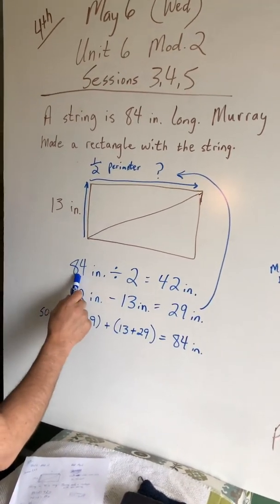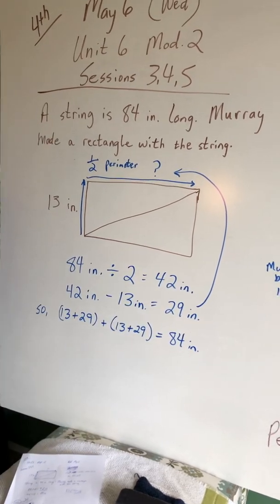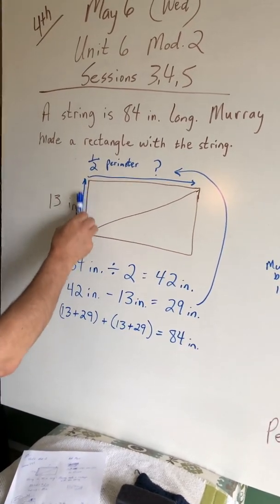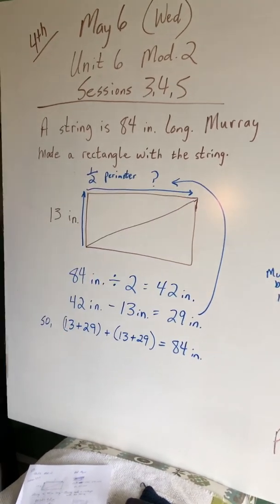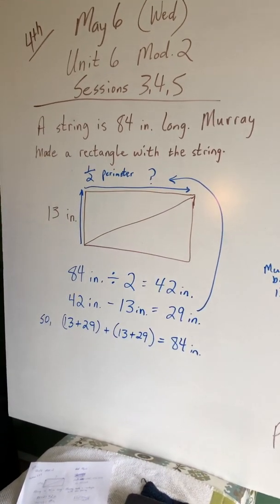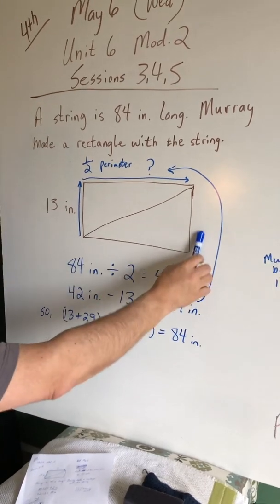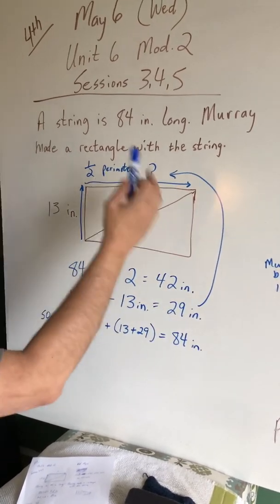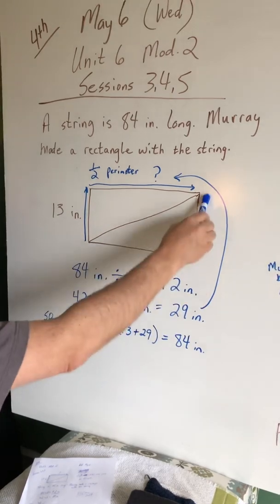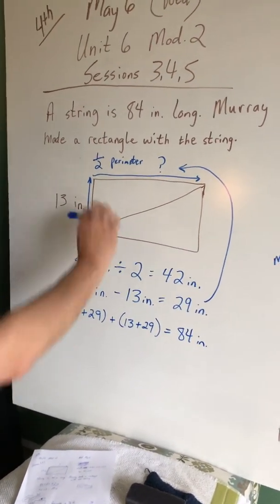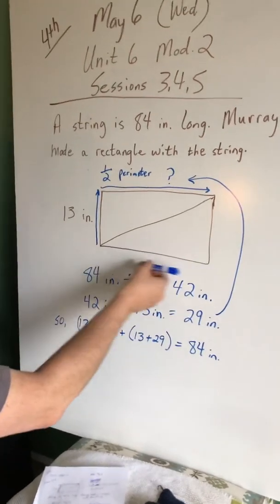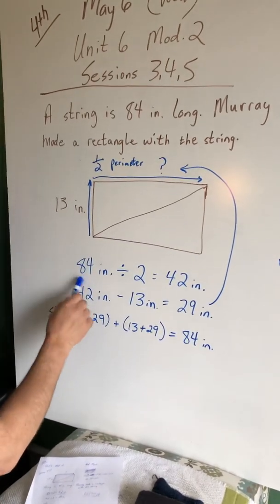So 84 cut in half is 42 inches. So we know this side plus this side is 42 inches, because we know this side is 13 and we know this side is whatever, but we know these two add up to 42 because the total is 84. So we got 42 plus 42, which is 84.